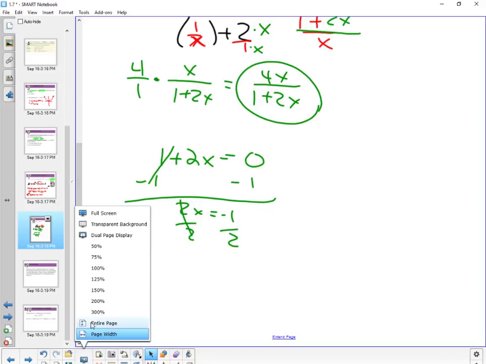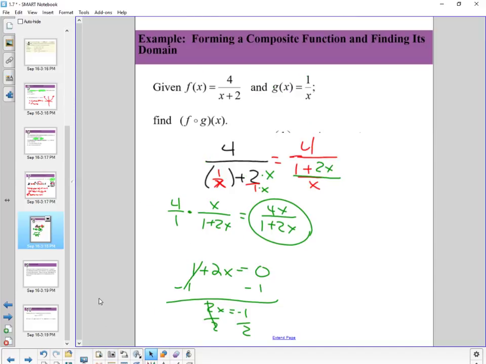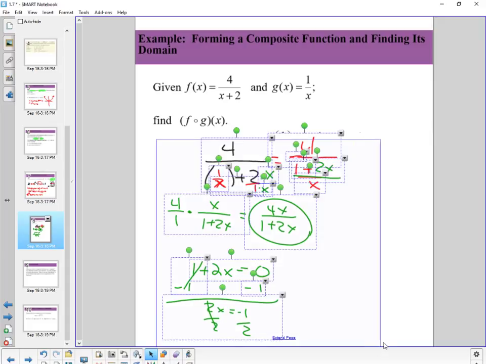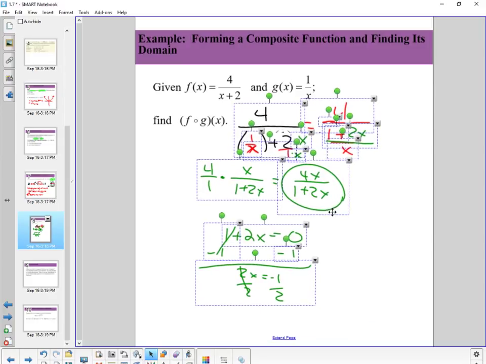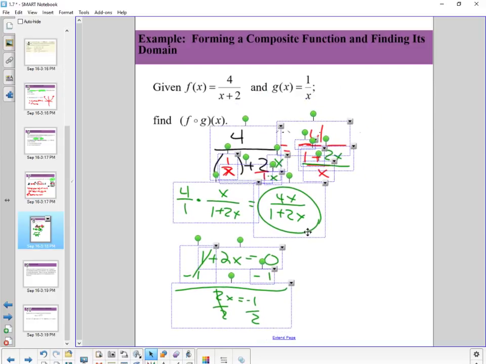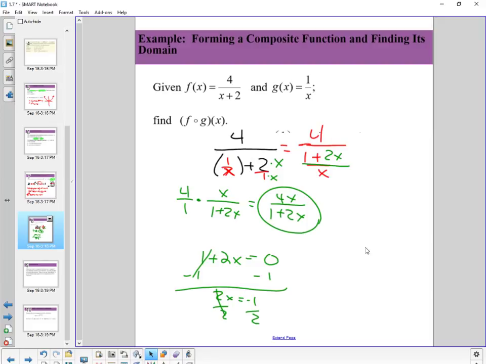Is that what you want? Just floating. Are you in fifth?